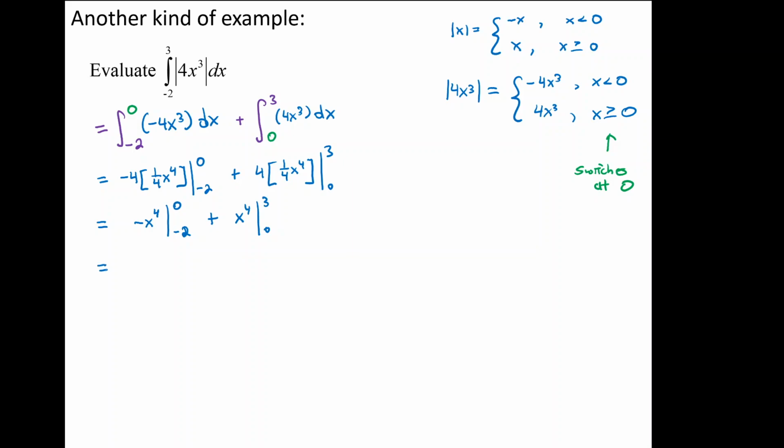Okay. Now, this notation means we plug in the top bound. So negative 0 to the 4. Plug in the bottom bound, -2 to the 4. Plus, then we do the same thing for the second piece. We have 3 to the 4 minus 0 to the 4.